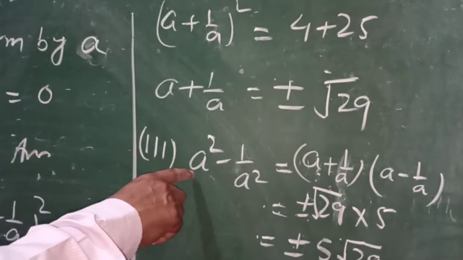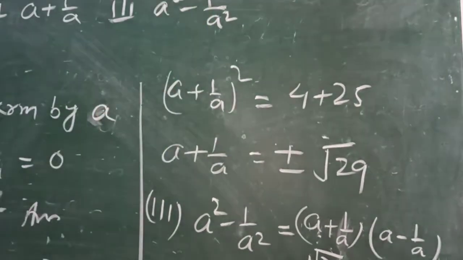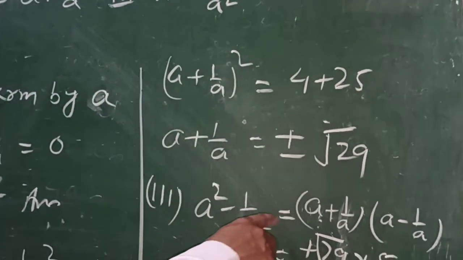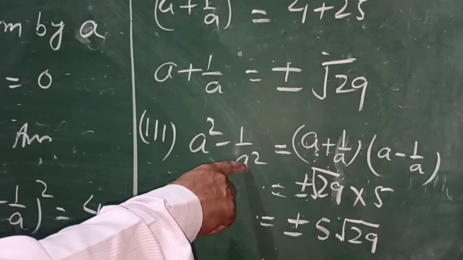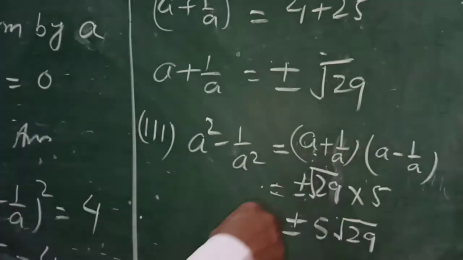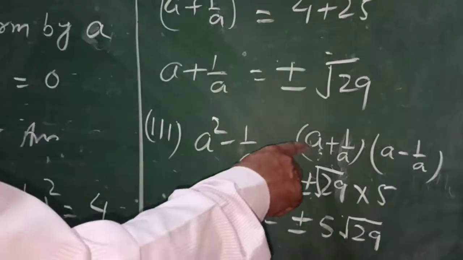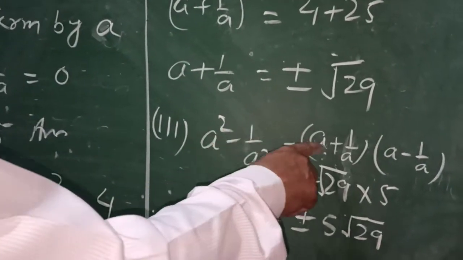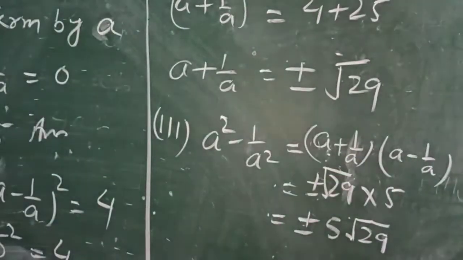Third question, you have given a square minus 1 by a square is equal to, you can write according to the formula a square minus b square is equal to a plus b into a minus b. In place of b write 1 by a, so it means a plus 1 by a into a minus 1 by a.